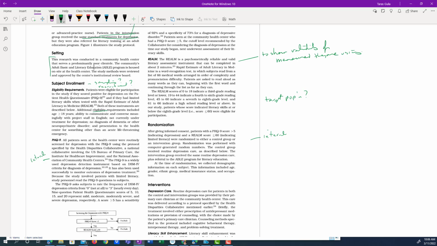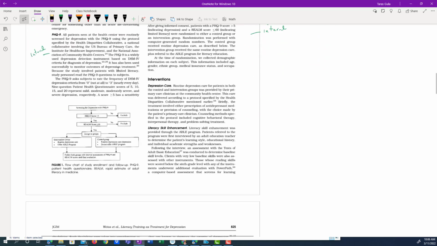So there's no sampling method. It looks like it was just a convenience sample. But they give you a description of the population, so that gives you a sense of who the target population may be.